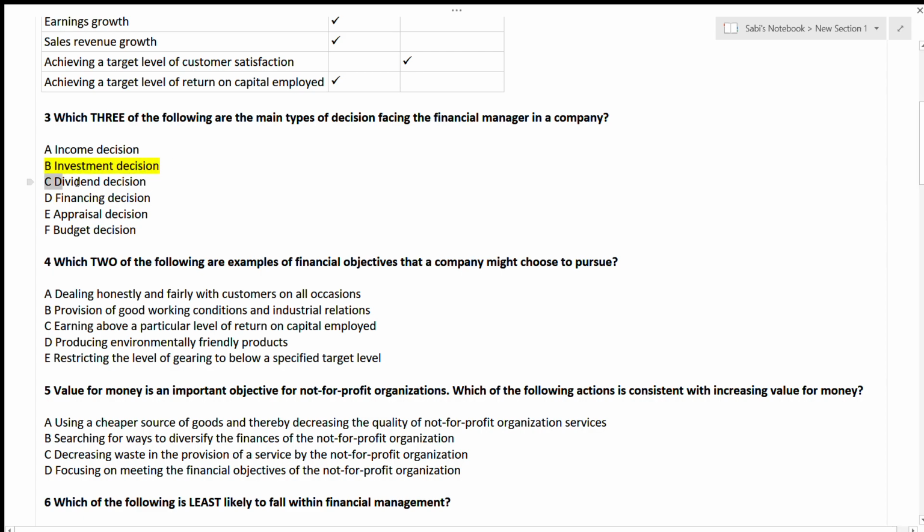One is dividend decision, and one is financing decision. These 3 are the main types of decision which the financial manager is facing in a company, right? Now let's see why others are not.